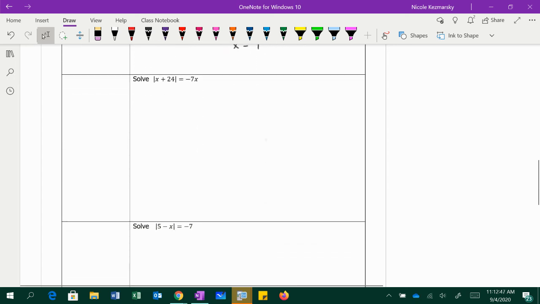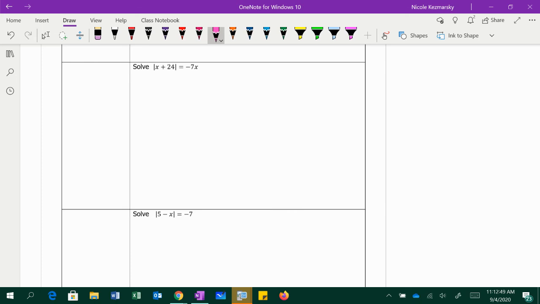Let's take a look. So for this one, I'm going to set up my two equations. So x plus 24 equals -7x, and negative x plus 24 equals -7x.